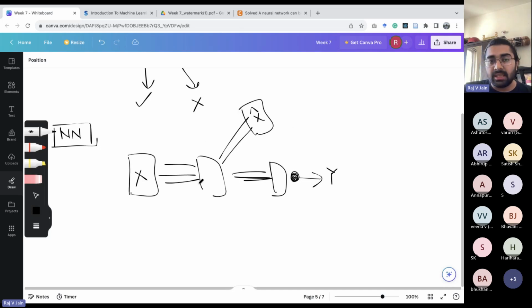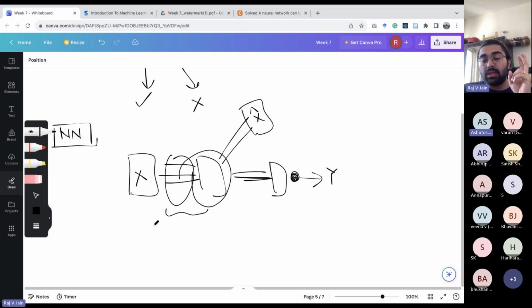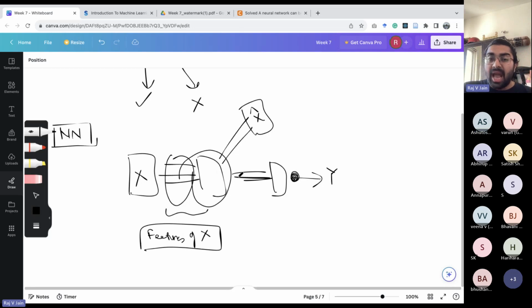So now what is happening is these weights or these layers have to capture the features of X, which say that X is some valid image in some sense, and at the same time also do the classification correctly.